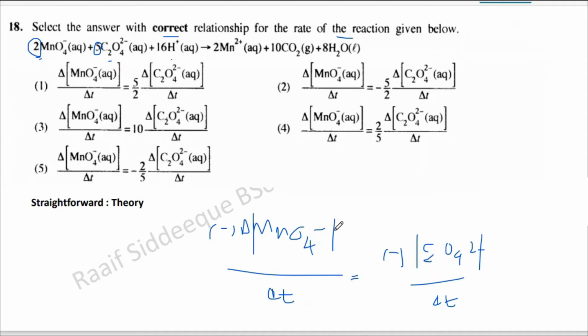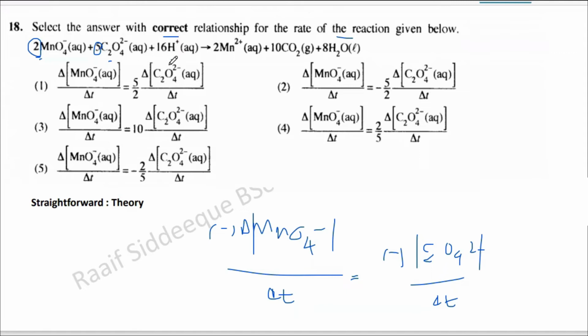If you equalize these two, it is wrong because you have to give the same contribution by considering the stoichiometry. Otherwise, you will have one rate with respect to this one, another rate with respect to this one. There is no problem, but the problem is the entire reaction should have only one rate.